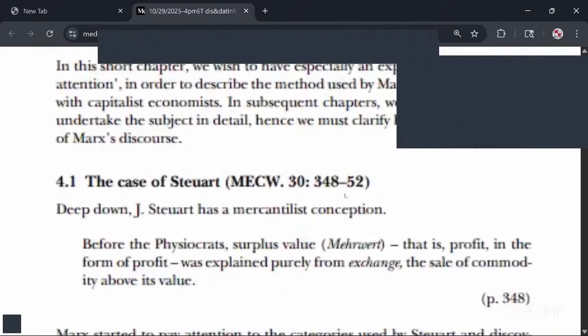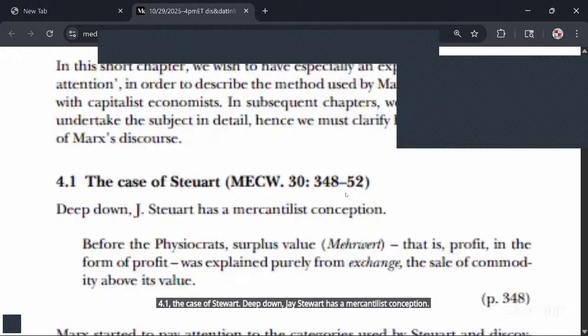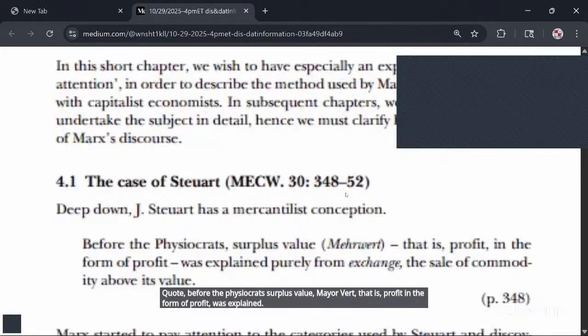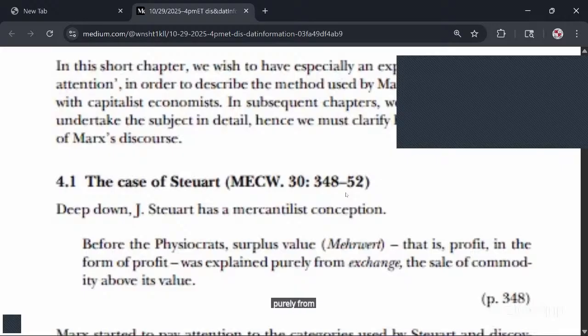4.1, the case of Stuart. Deep down, J. Stuart has a mercantilist conception. Quote, before the Physiocrats, surplus value, Mehrwert, that is, profit in the form of profit, was explained purely from exchange, the sale of commodity above its value, close quote.